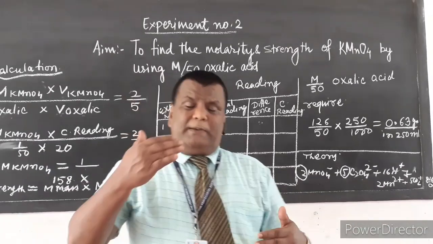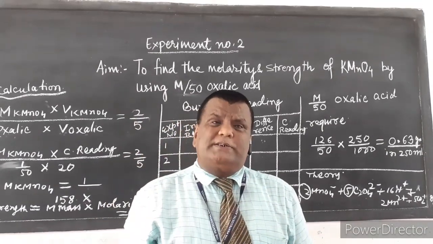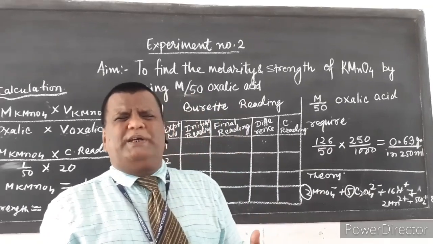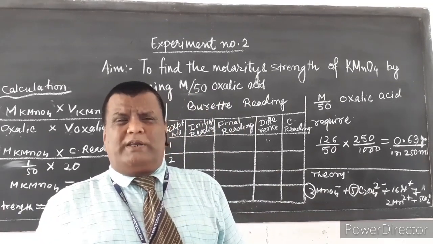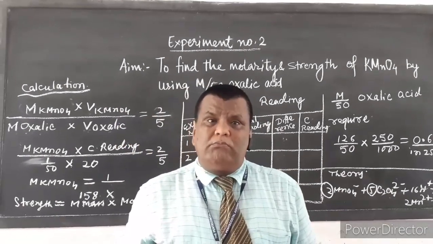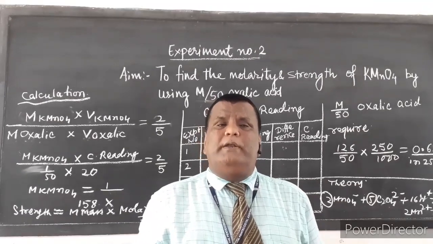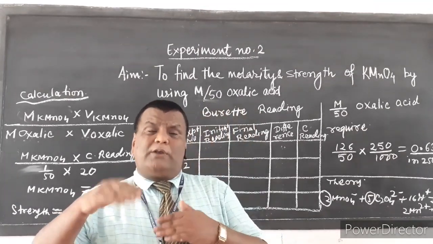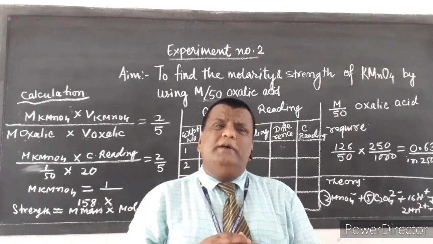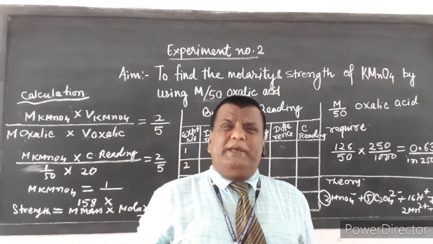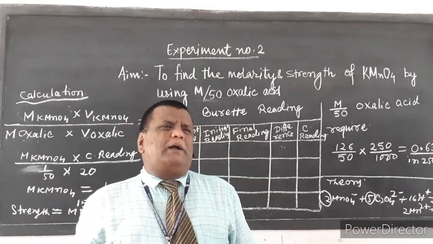If the temperature is less than 60, then the reaction speed will be so slow that the solution will turn brown and the color will not be obtained. And if the temperature is more than 70 degrees C, then the oxalic acid will decompose into CO2 and the color will not come.